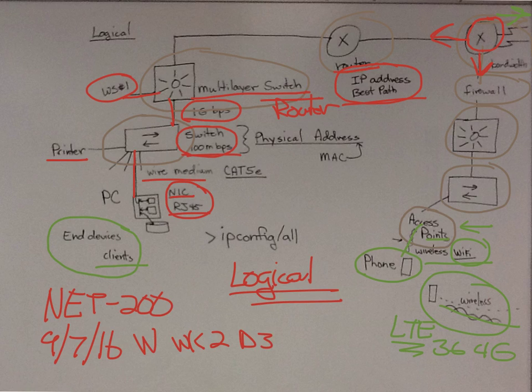The wire connecting this, Cat5e. And then we talked a little bit about the physical address, media access control, or MAC address, in all of the devices, and how a switch keeps track of that, and that's how it knows which device is which connected to it. Alright.